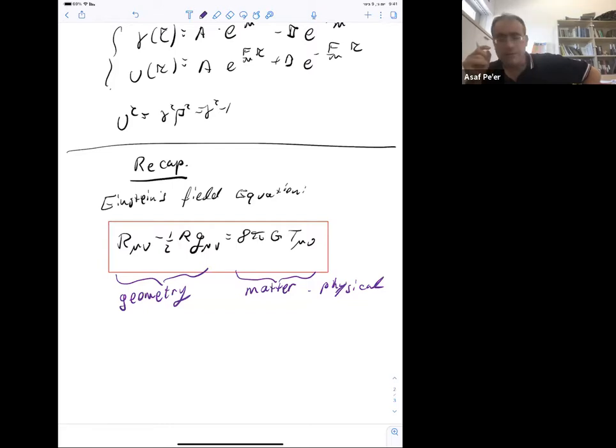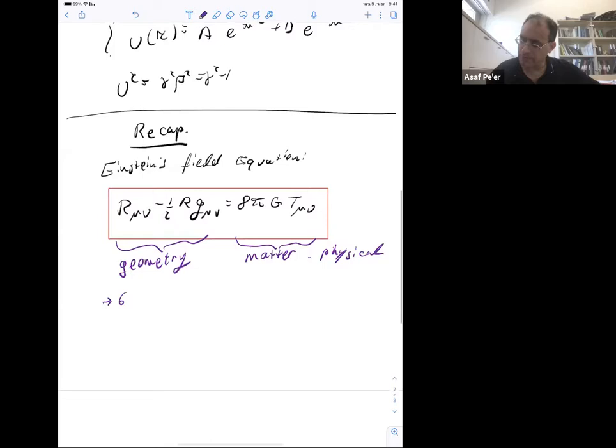These matrices are symmetric, so that means that there are only 10 equations. But then in addition, we have the Bianchi identity, which gives us 4 constraints. So really, we have 6 independent equations, which we need to be able to solve simultaneously.